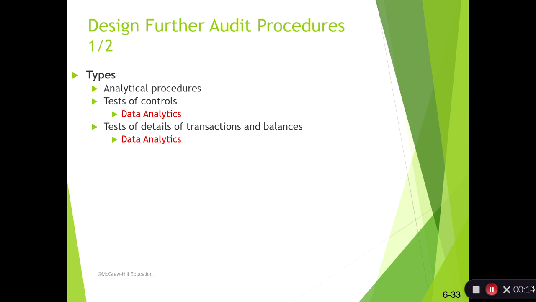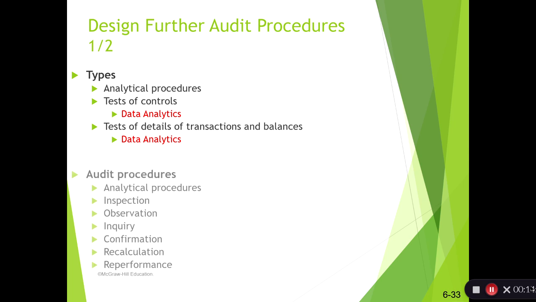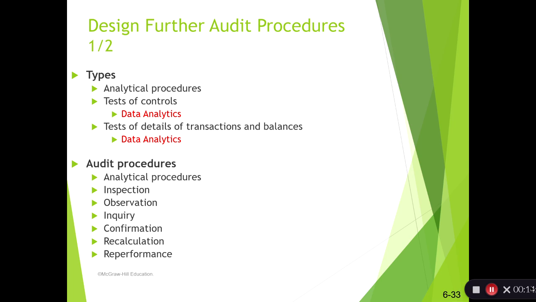Okay, and we'll talk more about that as we go throughout the course. And then specific procedures you can use for control testing or tests of details and transactions. You can actually use analytical procedures for the test of details, or test of balances rather, if it's a low risk account, right?